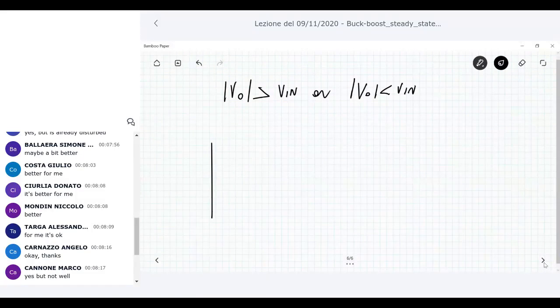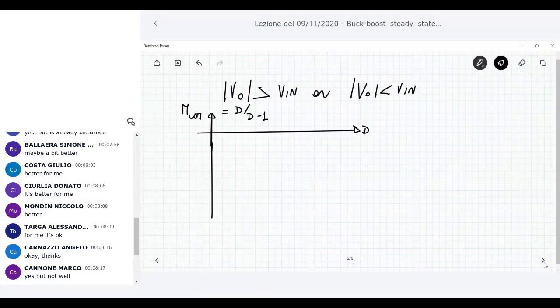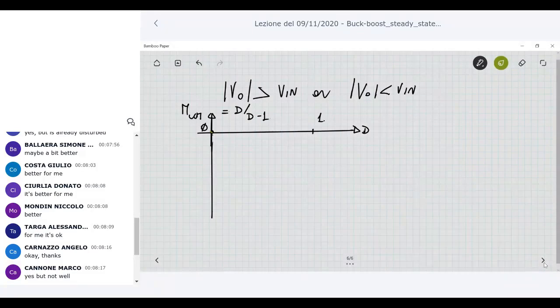If you want to discuss this graphically, then you can have the M in CCM versus the duty cycle. Remember that M is D over D minus 1. And so when the duty cycle is 0, M is 0. Okay?